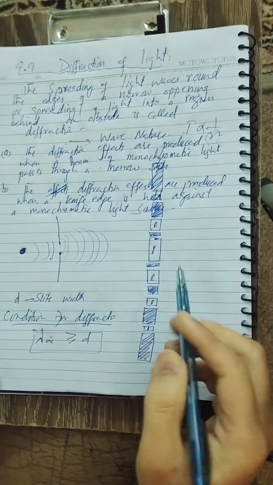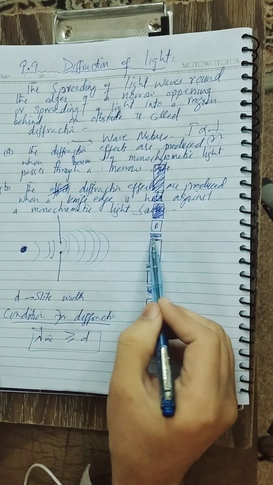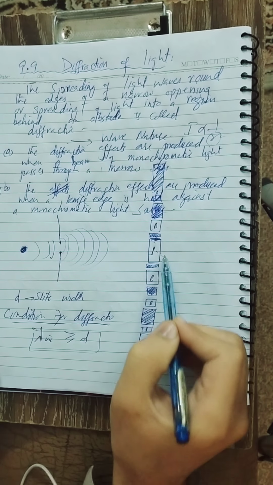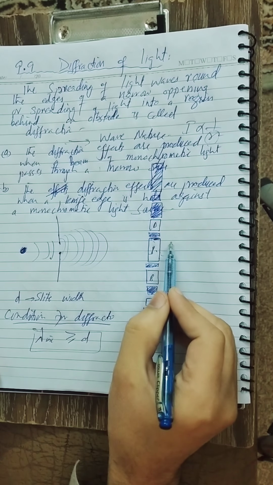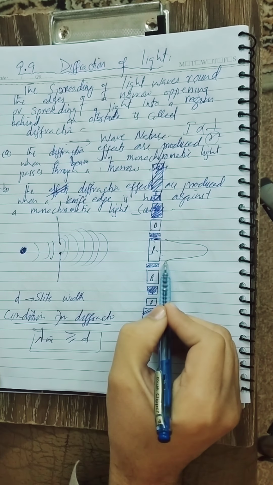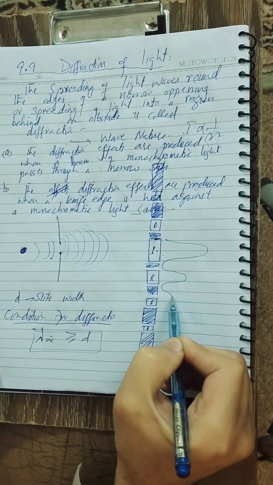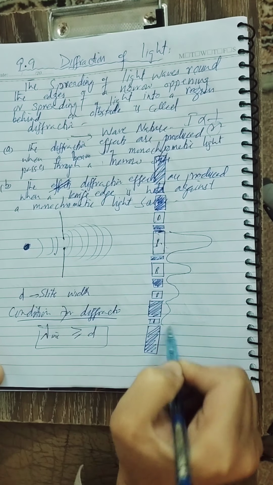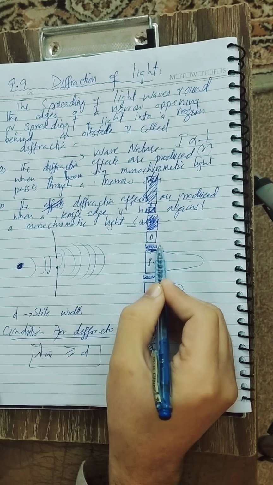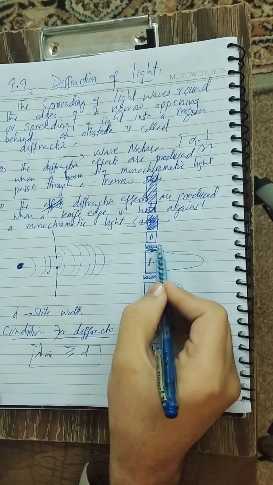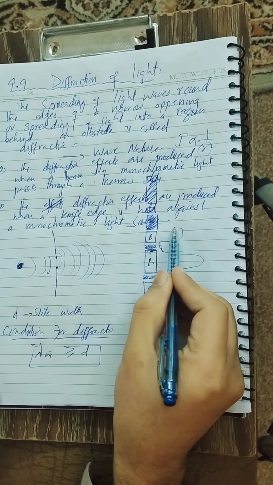Look here. At the middle of the screen, the bright spot is very large, meaning it has very high intensity. If I draw the waveform, its amplitude is very high, then small, then further small. The amplitude of dark is 0 because it has no intensity.